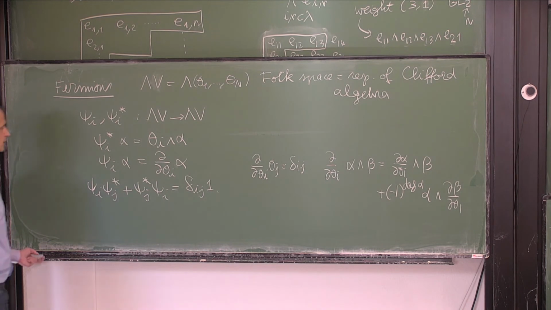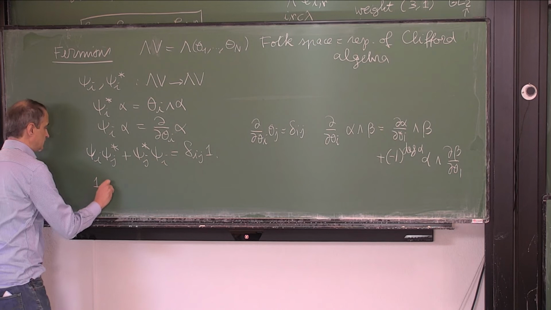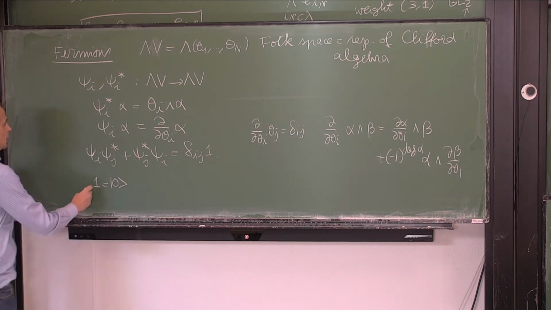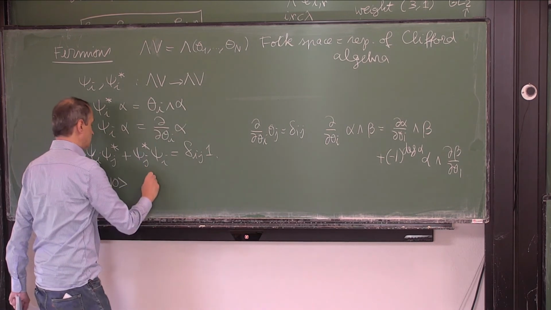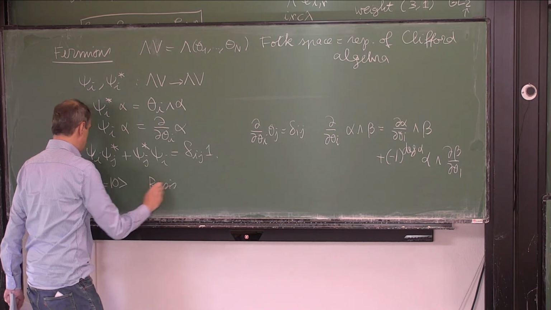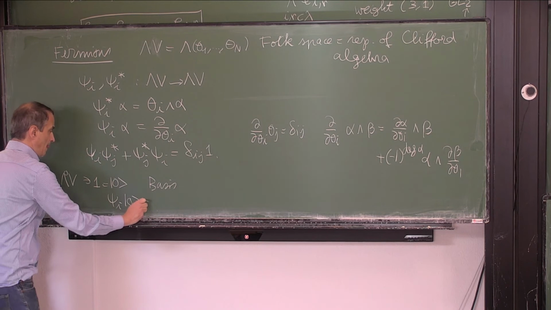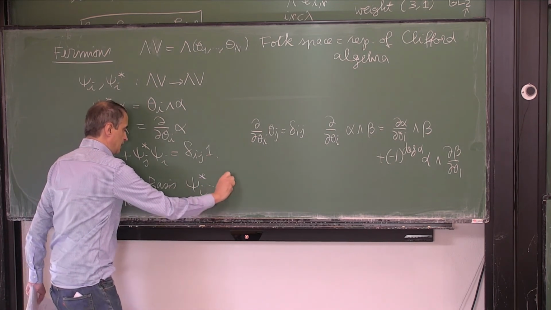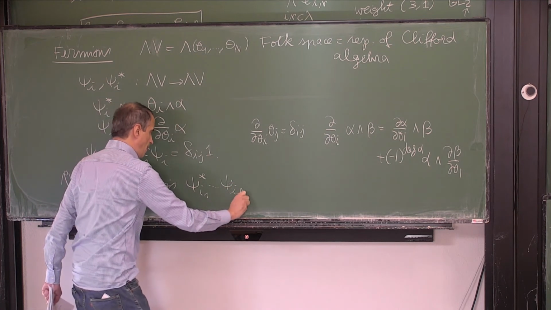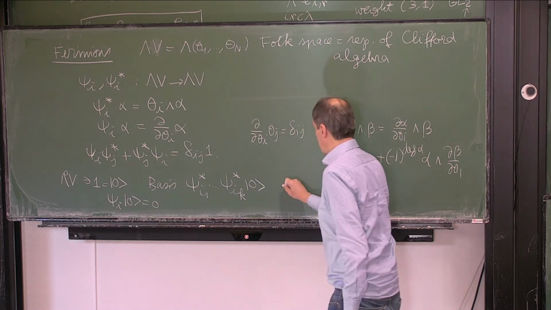Really, in the language of physics, you say that 1 in wedge 0 of V is a vacuum vector. So this is killed by these annihilation operators. And the basis is obtained by taking creation operators on this vector, with order.